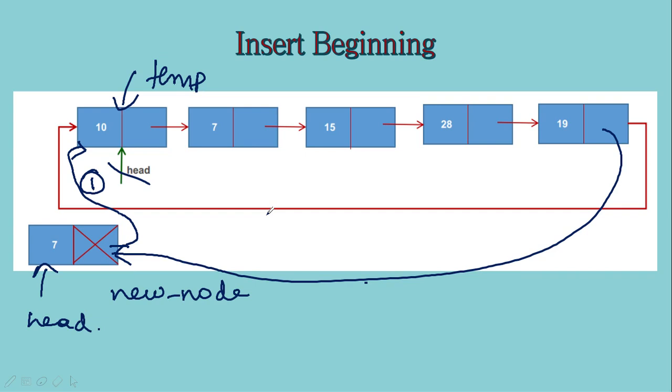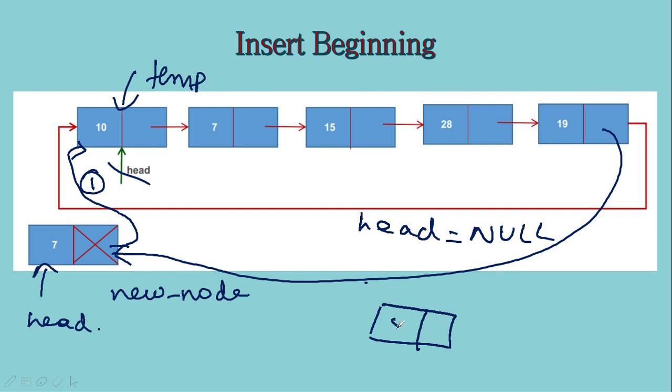Actually there is one exceptional case. If the list is empty, it means that head is equal to null. That is the condition where we say that the list is empty, right? In that case, we create a new node and put the data in the data part, for example 5, and make head point to this.